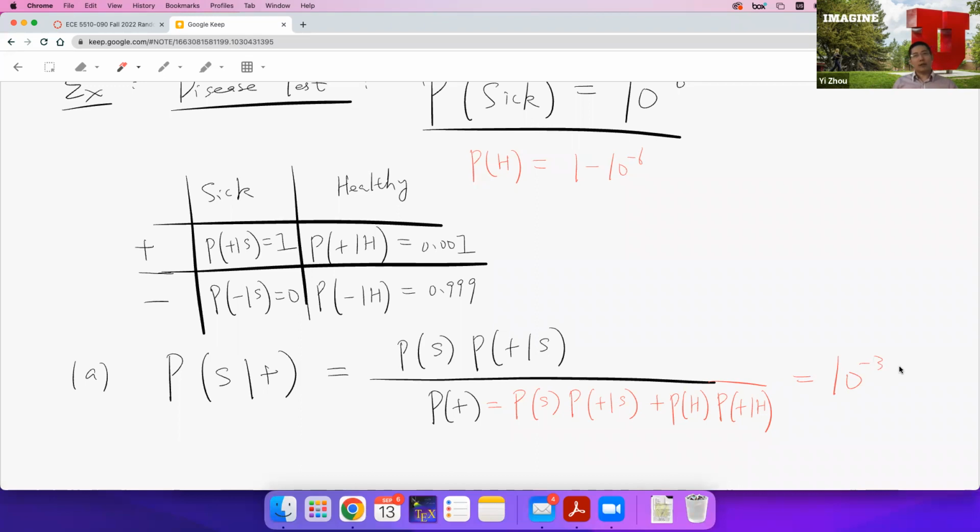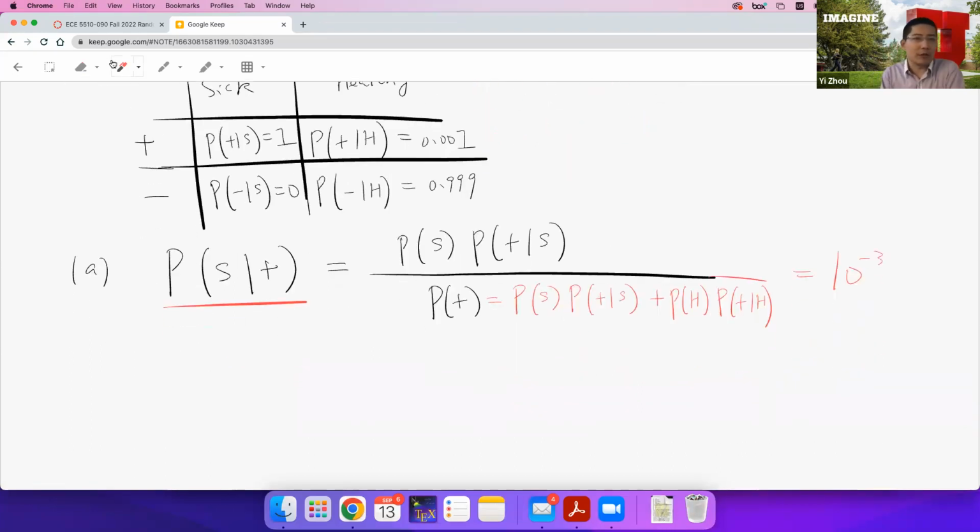So this means that if you are testing for a real disease, even if you get a positive test, it is pretty likely that the testing result is wrong, right? So from here we can see the complementary event, the probability of being healthy given a positive test result, is actually very big.